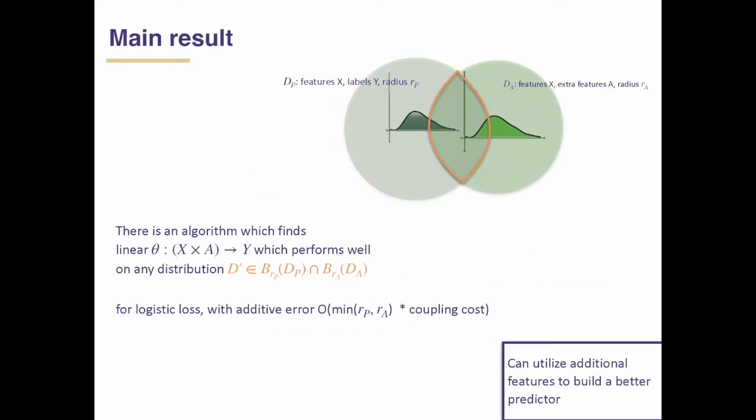Okay. So I want to note here that this result is allowing us to build a model not just on the features that we had from our labeled data set, but also use this additional auxiliary feature information that we got from the second data set.